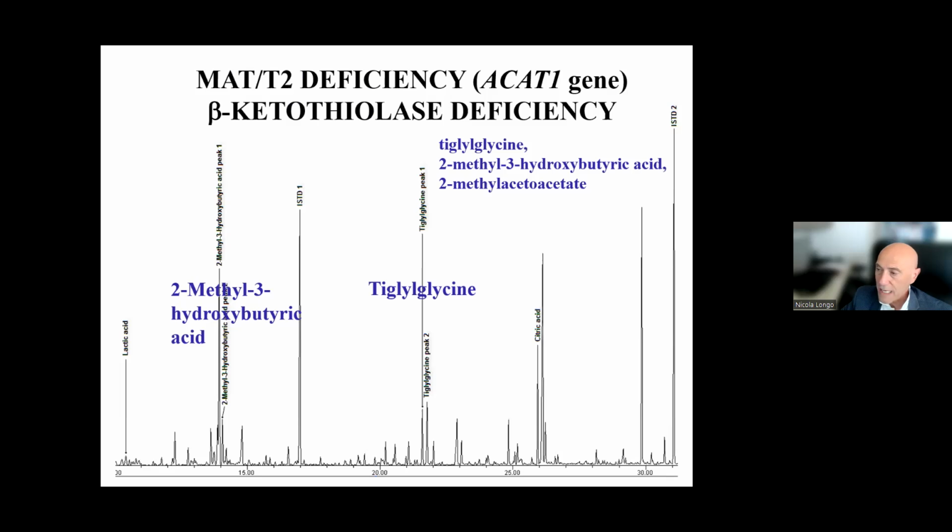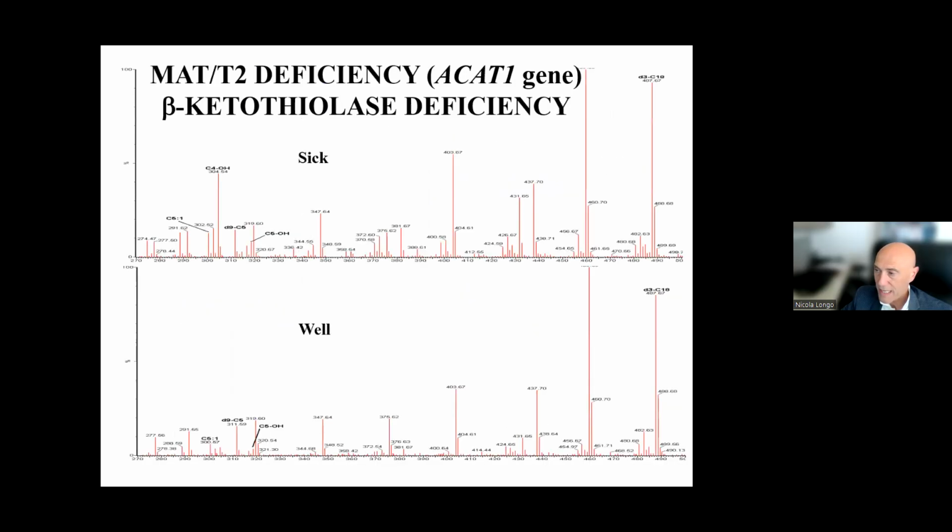What do you see in the urine organic acid? 2-methyl-3-hydroxybutyric acid, an excess of glycine. In some of them, you can see the 2-methylacetoacetate, not shown here. But again, remember, the organic acid can be even completely normal sometimes when the patient is well compensated.